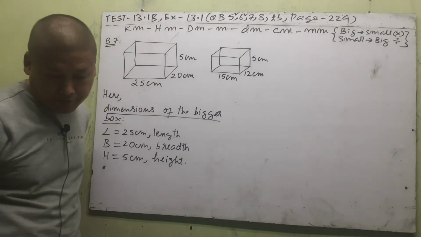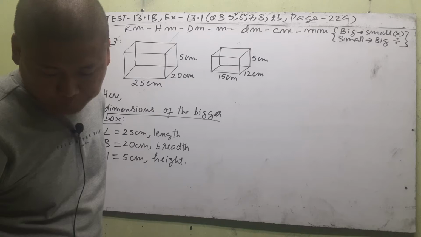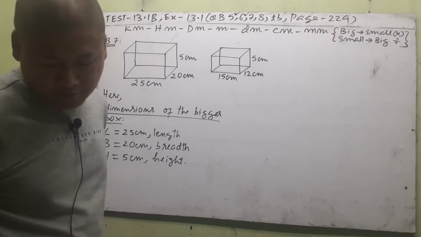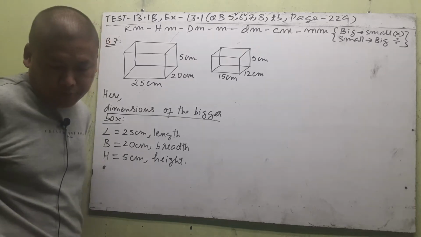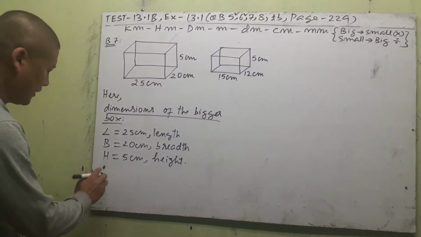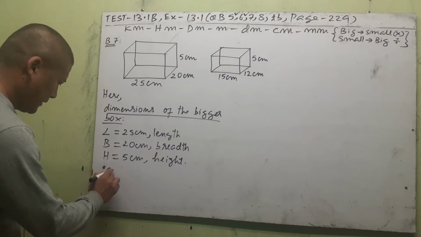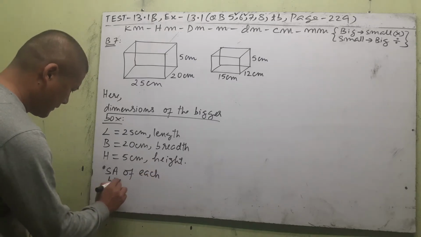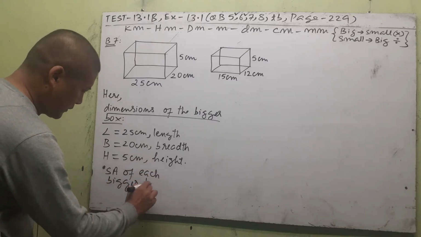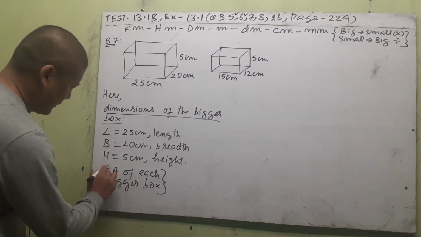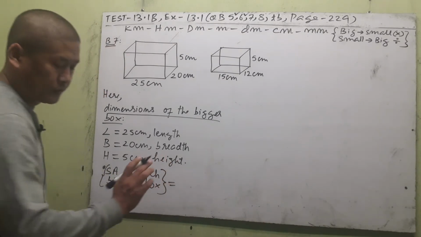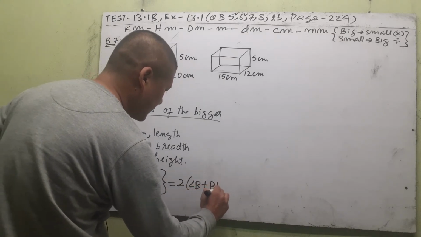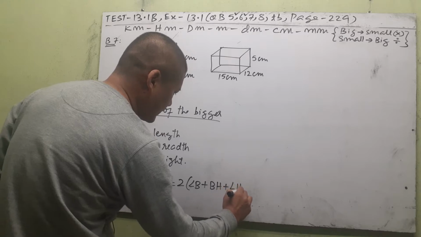So they are telling you to find how much cardboard area will be required and the cost of it. So we have to find the total cardboard area required for bigger boxes. So that will be the surface area of each bigger box. That is the cardboard area required for one box. The formula we know is 2 into LB plus BH plus LH.